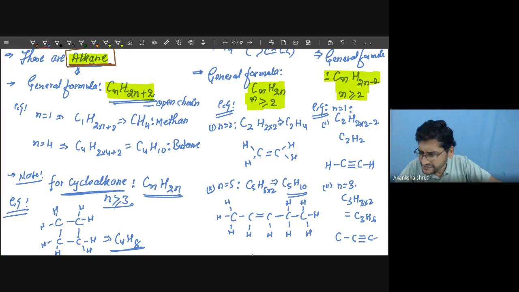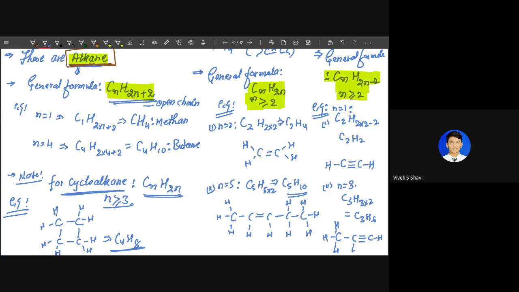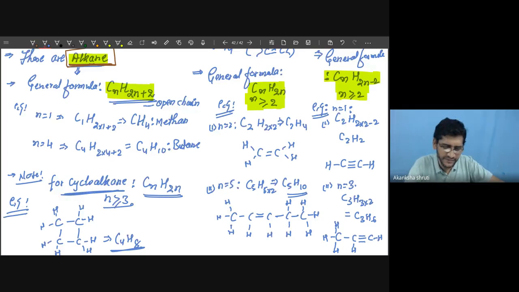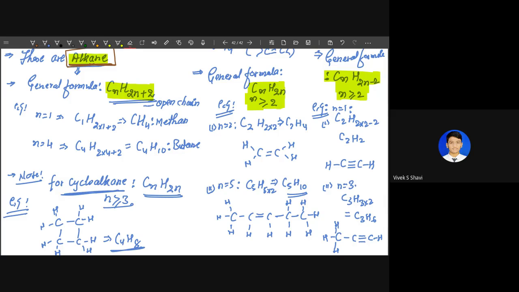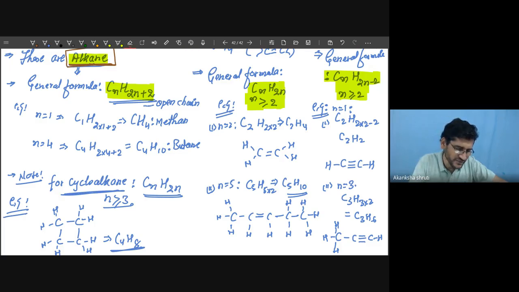Satisfy the valency. Hydrogen, hydrogen, hydrogen, and one more hydrogen here. Otherwise it becomes pentavalent. Yes, the minus 2 is missing, it is not printed here.